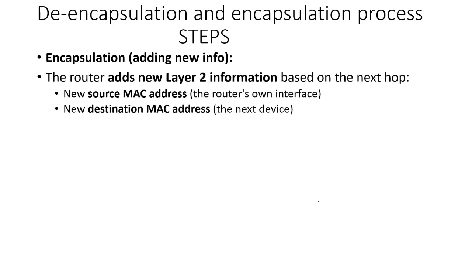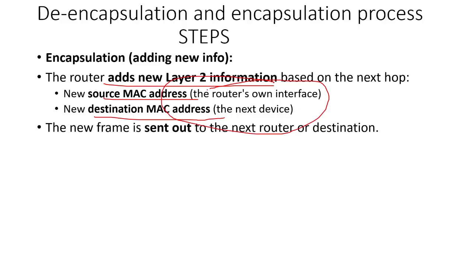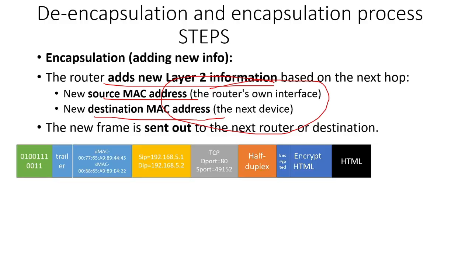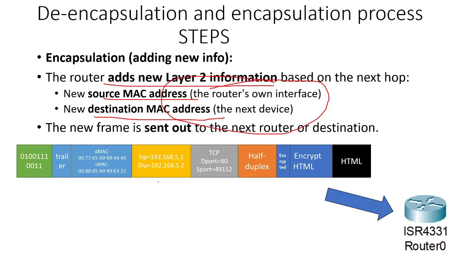After that, the router adds new layer 2 information, like the source MAC address and the destination MAC address of the next router, or the next hop router. And then the new frame is sent out to the next router or destination. So that is how the de-encapsulation and encapsulation works.